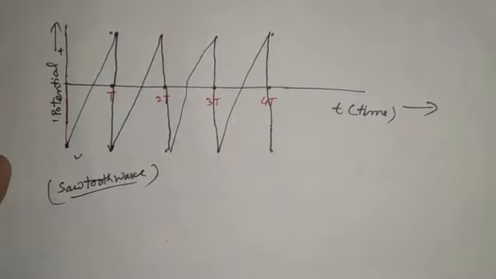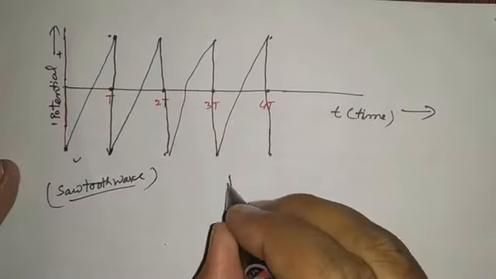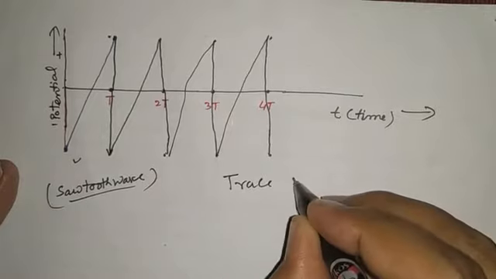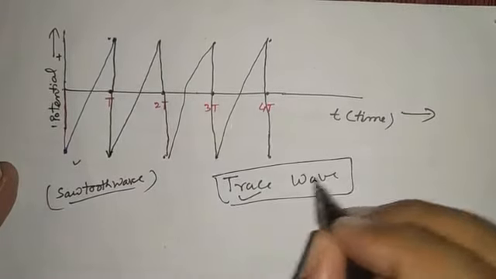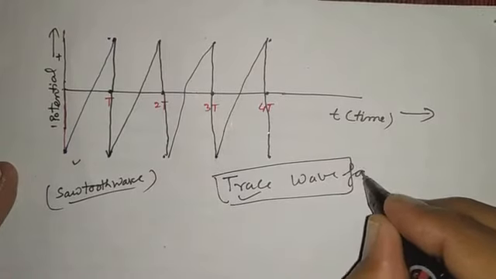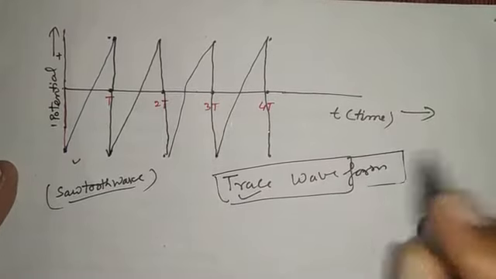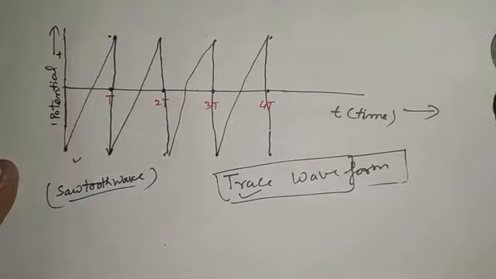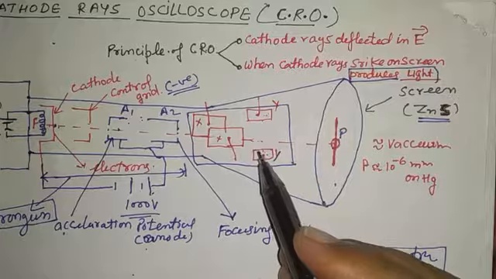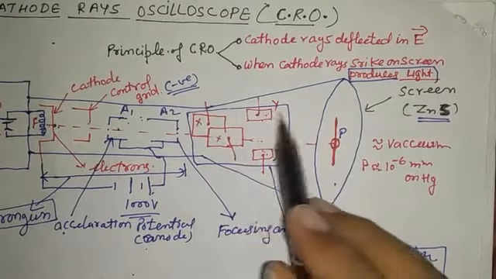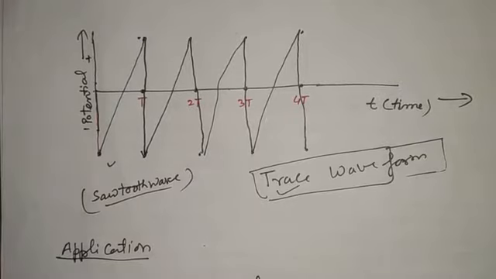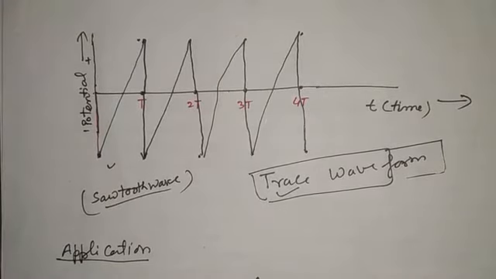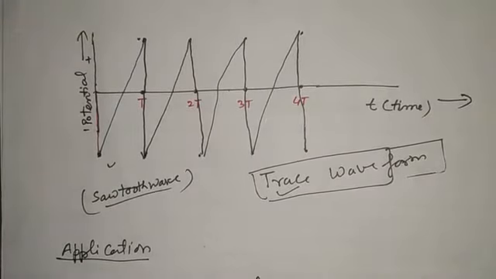Actually, this CRO was used to trace the waveform in the beginning of its discovery. The waveform is according to the signal in the deflecting section. In spite of tracing the waveform, this CRO has a lot of applications.